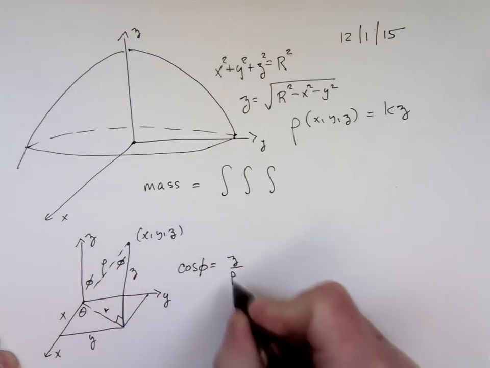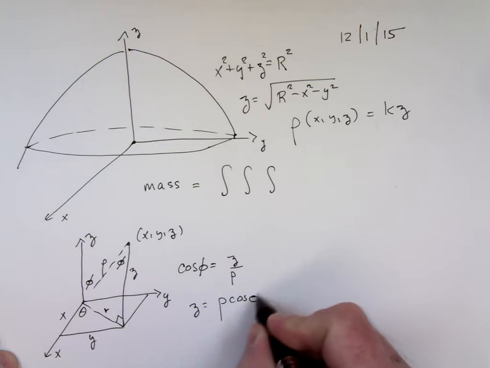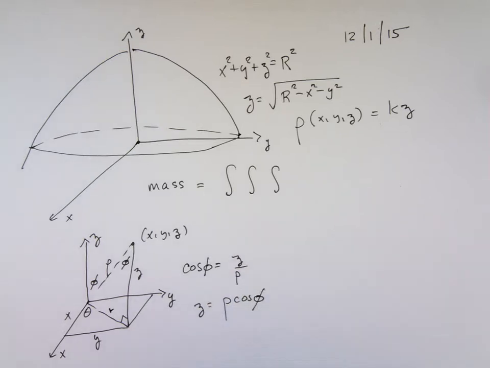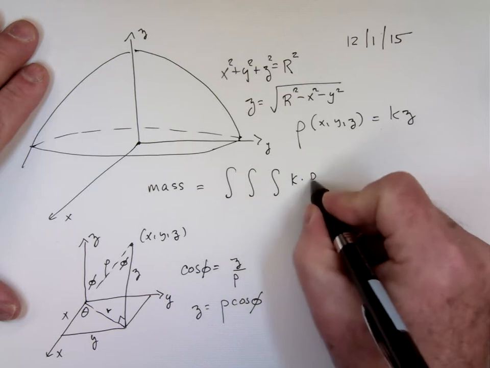So z is equal to rho cosine phi. That's how we get z in terms of our spherical coordinates.